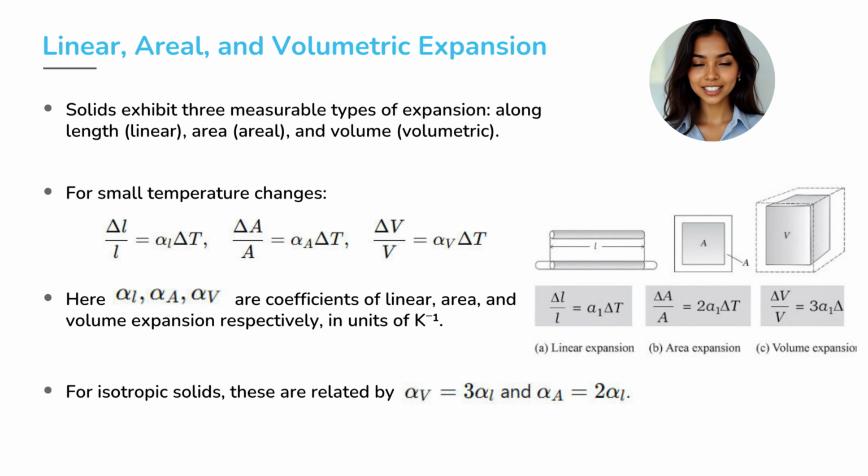For solids that expand equally in all directions, we have simple relationships: alpha sub V equals 3 times alpha sub L, and alpha sub A equals 2 times alpha sub L. In short, expansion is just the same molecular story told in 1, 2, or 3 dimensions.